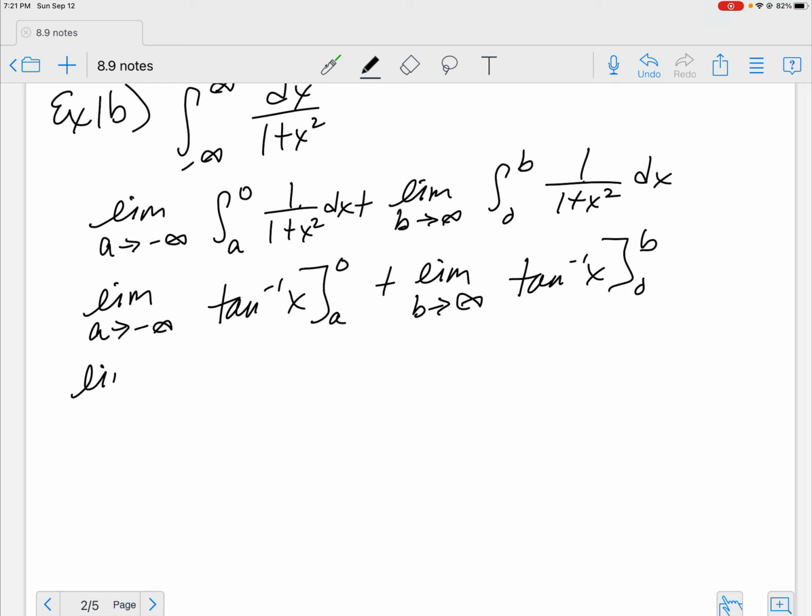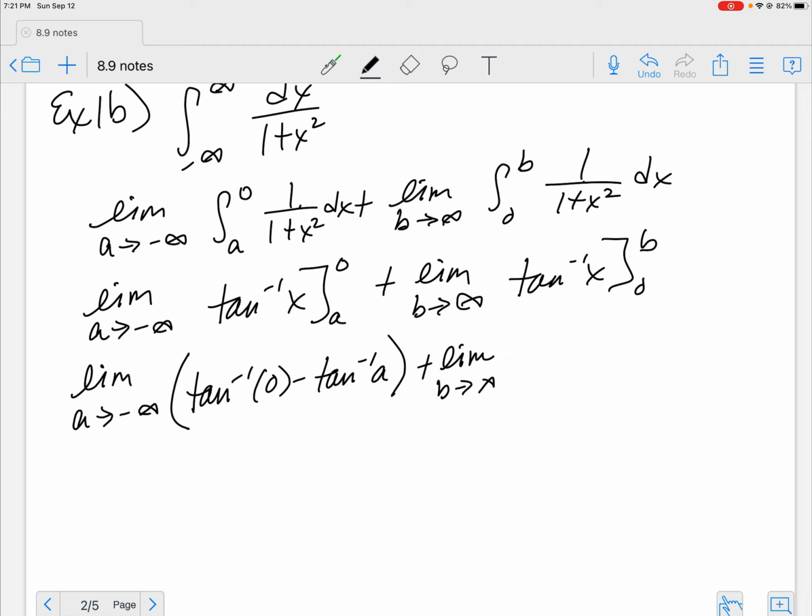The limit as a approaches negative infinity of the inverse tangent of 0 minus the inverse tangent of a, plus the limit as b approaches infinity of the inverse tangent of b minus the inverse tangent of 0. Now, what is the inverse tangent of 0?